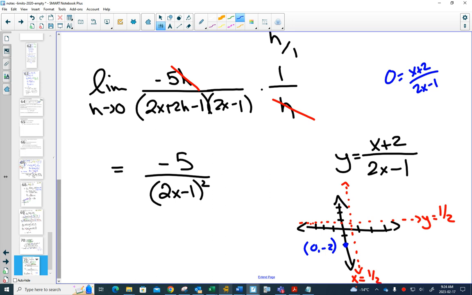So I'm going to say, from a holistic point of view, I can say the only way a fraction is equal to 0 is if the numerator is equal to 0. When is my numerator equal to 0? At -2. Mathematically, if you wanted to solve this, you could multiply both sides by 2x minus 1. Doing that would just leave you with 0 still equal to the numerator. And then you could subtract 2 on both sides and solve.